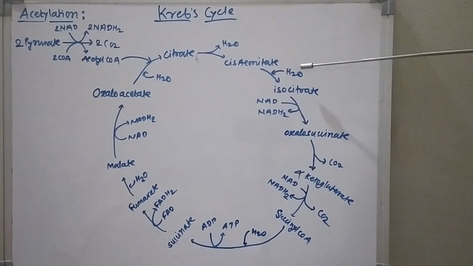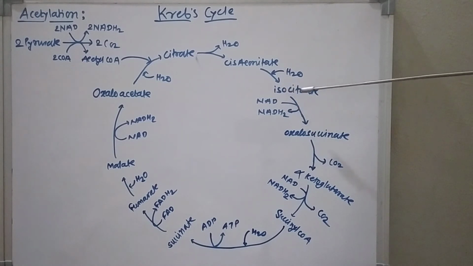Again, that cis-aconitate by hydration is converted into isocitrate. The isocitrate by dehydrogenation, meaning loss of H2, is converted into oxalosuccinate, and the lost H2 is accepted by NAD, forming NADH2.